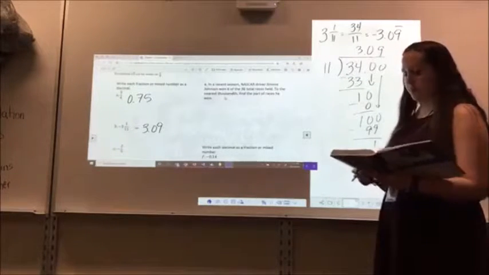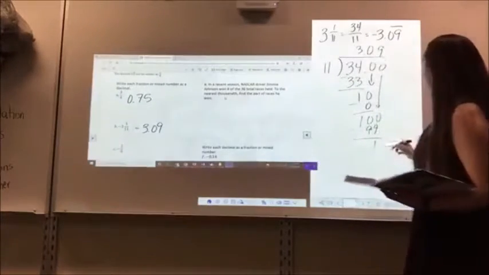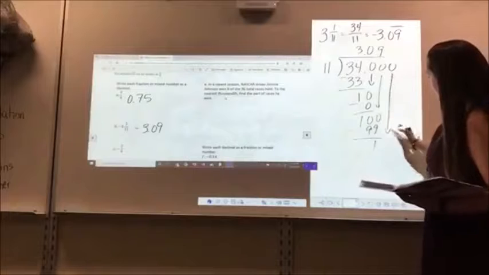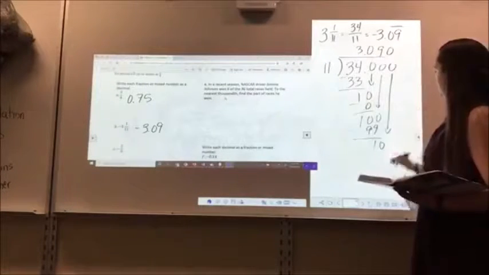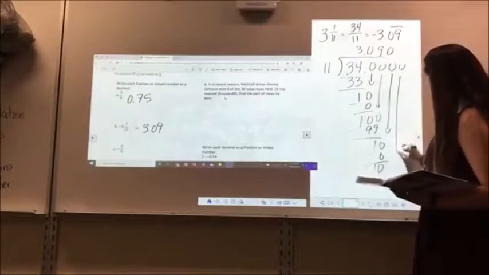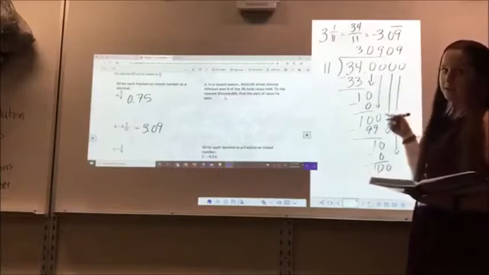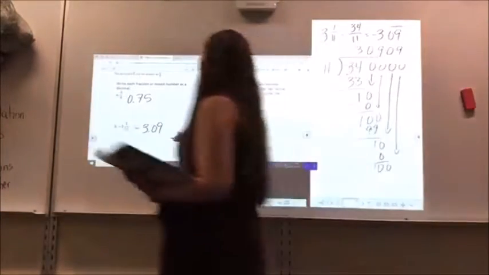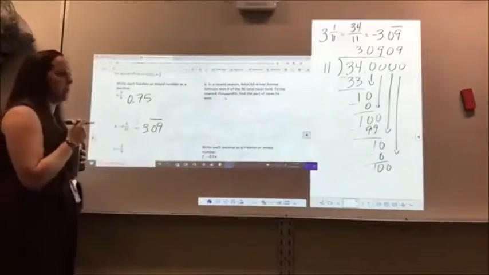And this is actually going to repeat. And it's over the 0 and the 9. Notice, though, you can actually see this repeating pattern if you were to continue it out. Notice that it's the 0 and the 9 repeating. So make sure you draw that bar over both the 0 and the 9.